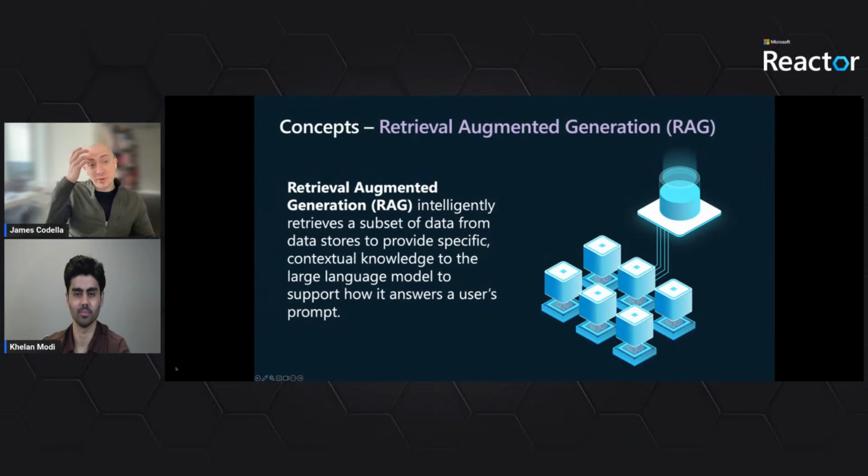So first, let's start with retrieval augmented generation, or RAG, right? It's really a way of how to intelligently get the right data from your database to ground or provide context to your large language model, so it knows how to answer questions, right? Models like GPT 3.5 and GPT 4 are a huge and wonderful tool.